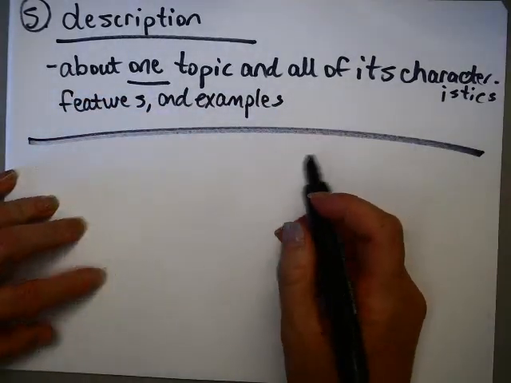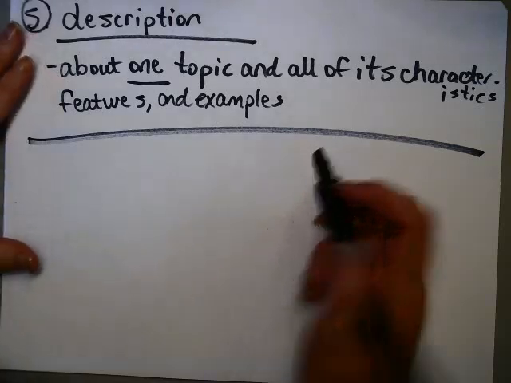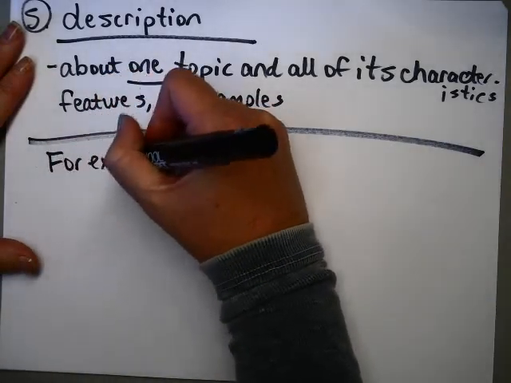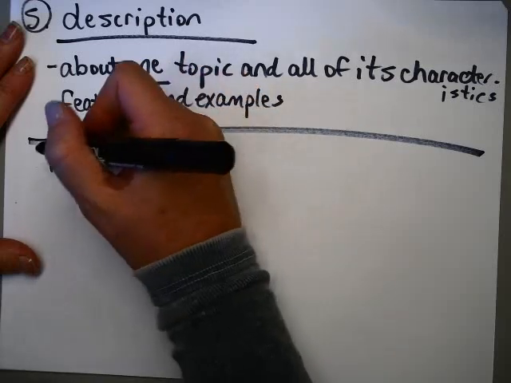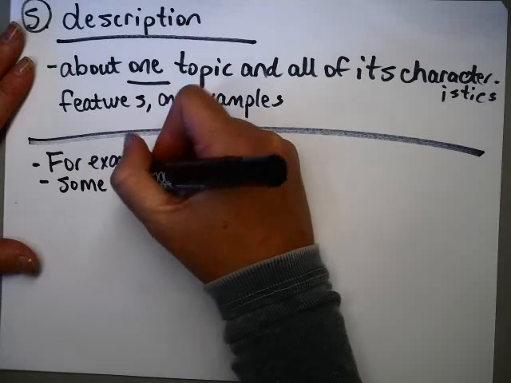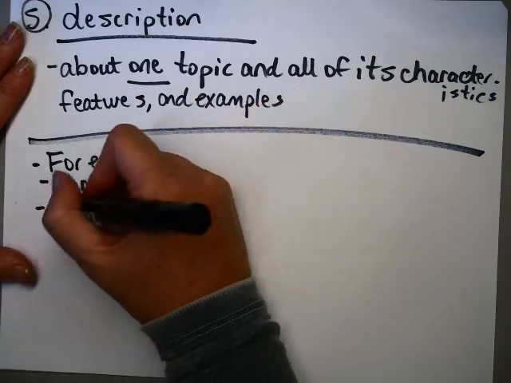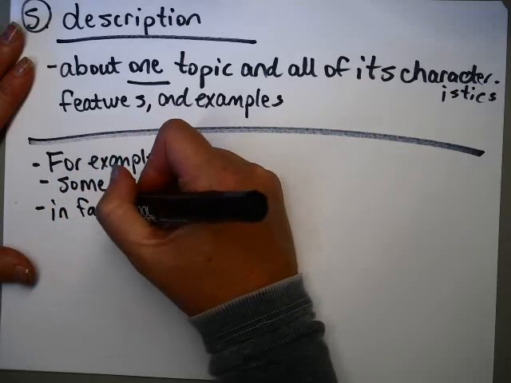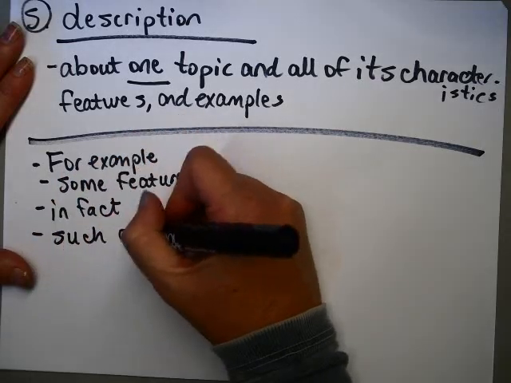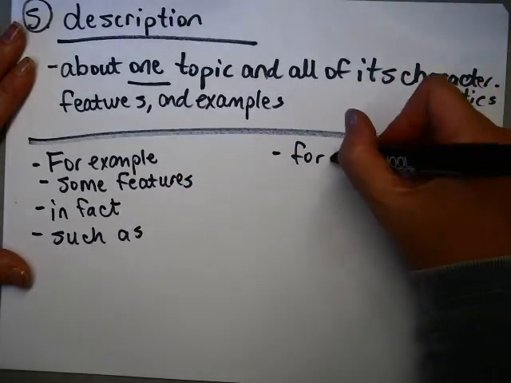Okay, so for some keywords that you can look for with this one: for example, some features, in fact, such as, for instance. So it'll probably give you a lot of different examples here.